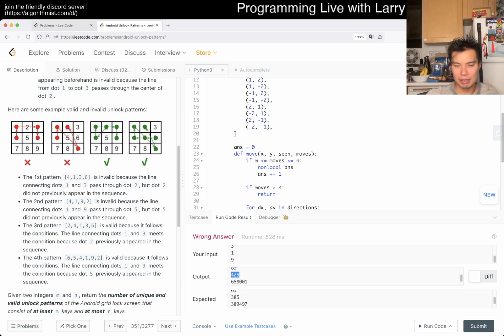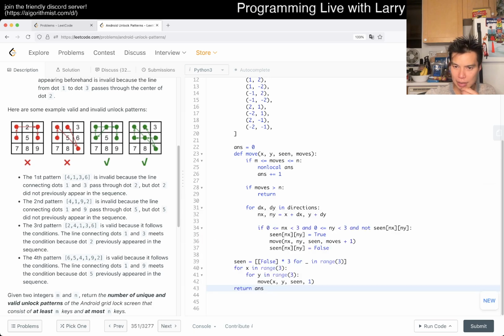Well, ironically, this is the same number that we got from the other problem. So that means that we're going to the same place. But I thought we handled this, right? Like we don't double count.